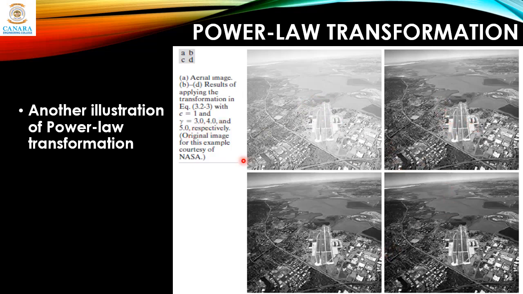If you apply gamma of 3, 4 and 5, you can see the background area, and the haze is totally eliminated, and all the background area is clearly visible in the picture. So this is the application of power law transformation.